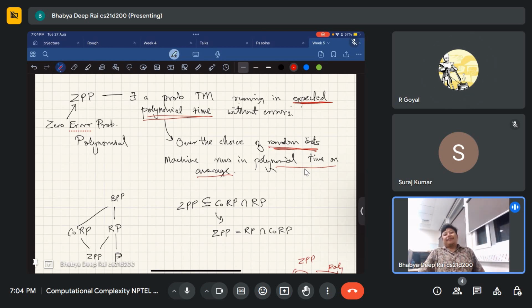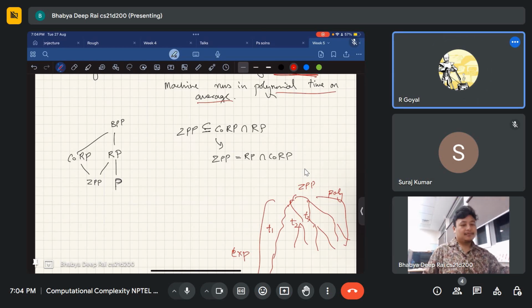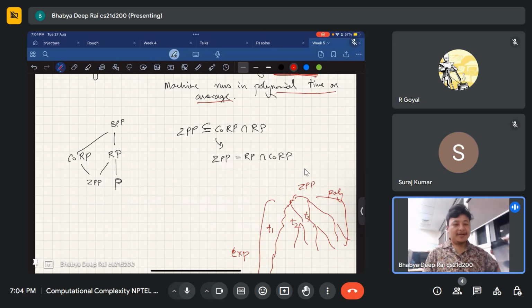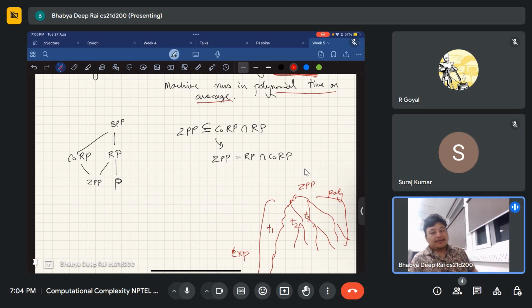Anyway, with this new definition, can you compare ZPP and P? Suraj, are you able to hear? Yes, sir. So the question is, with this alternate definition of ZPP, can you compare ZPP and P?